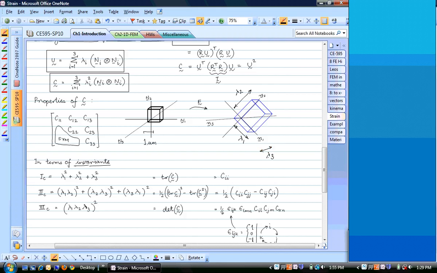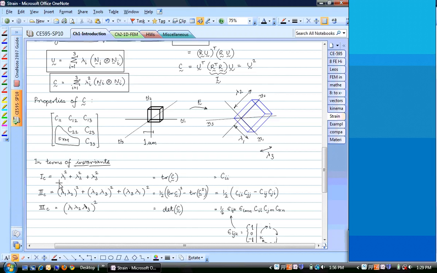Okay, so can anybody take a guess or try to figure out what this quantity physically represents? We had a unit cube of side 1 to start with. It went to a cuboid with sides lambda 1, lambda 2, lambda 3. So what would this quantity represent physically?